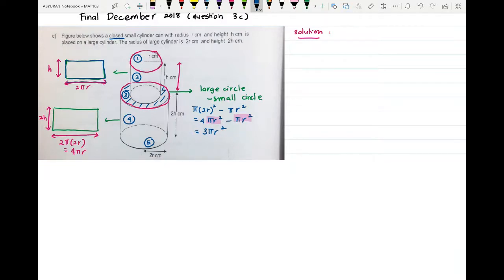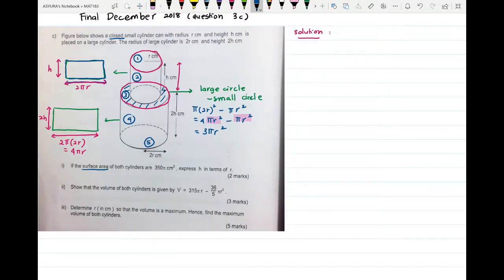Okay class, next let's continue with the solution. So now for number 1, your surface area formula will be A equals number 1 plus number 2 plus number 3 plus number 4 plus number 5.